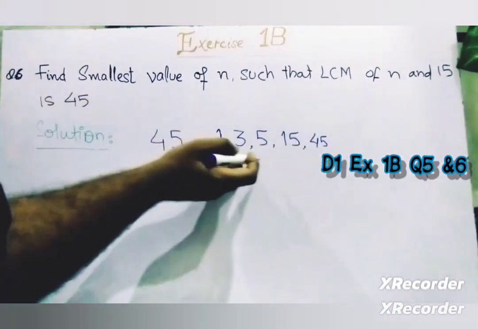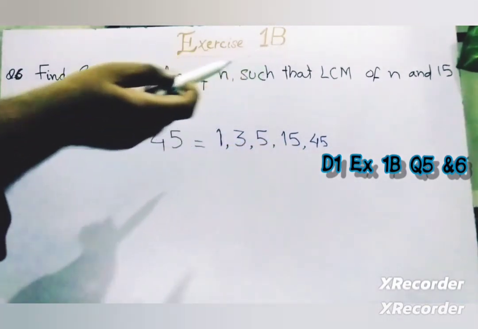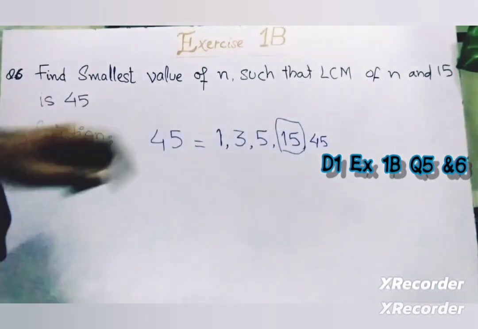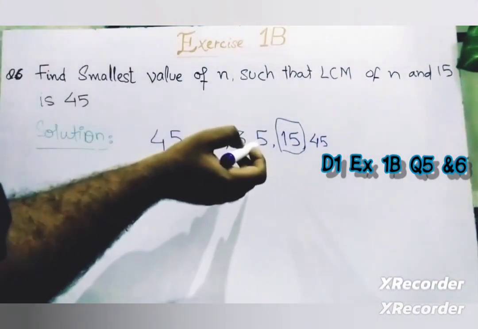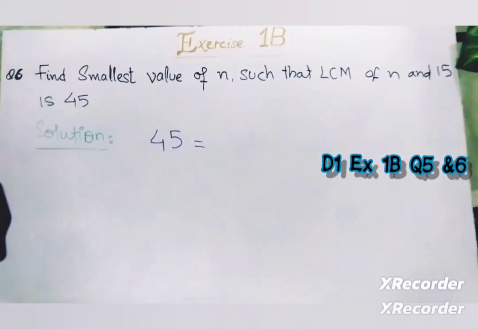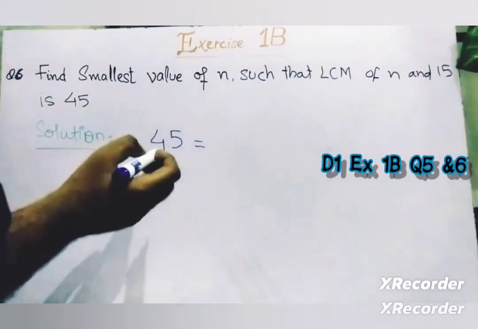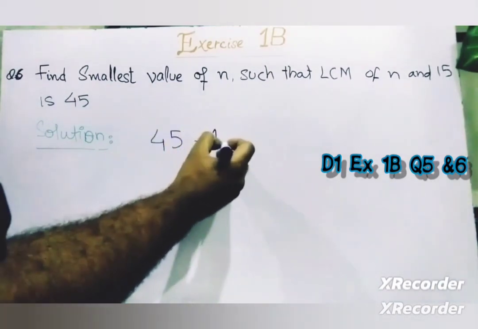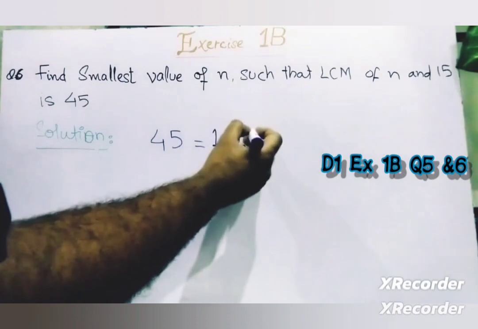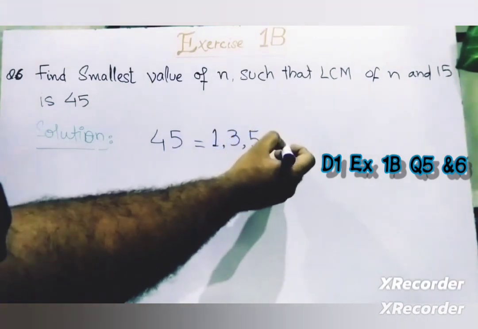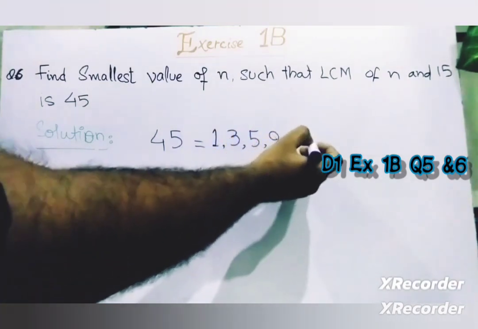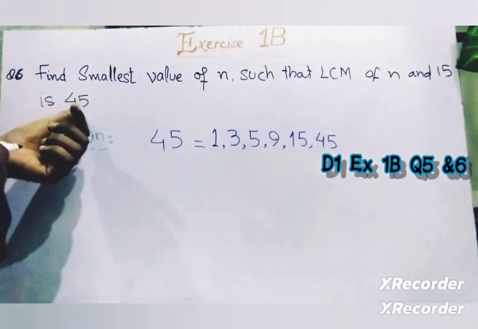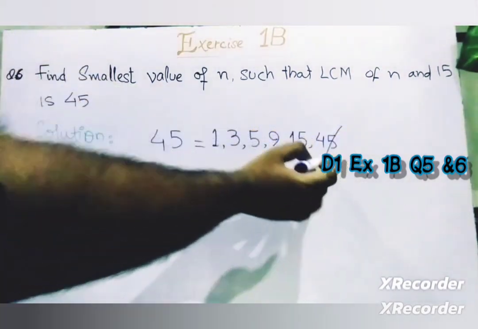So if we consider all these factors, 15 is one number, and we need the second number. Now, when we look at the factors of 45, we get number 1, number 3, number 5, number 9, number 15, and number 45. Since the LCM is 45, we cut out 45.